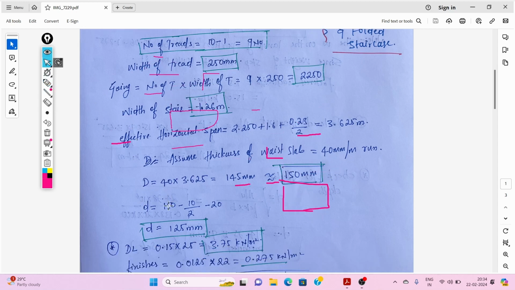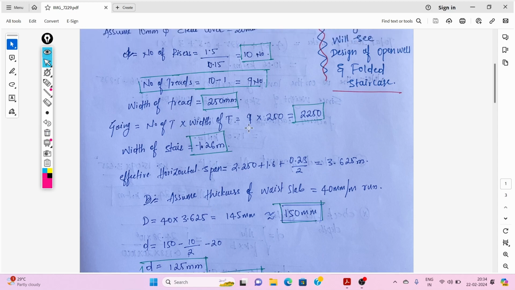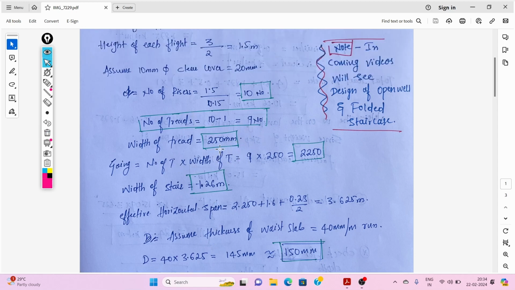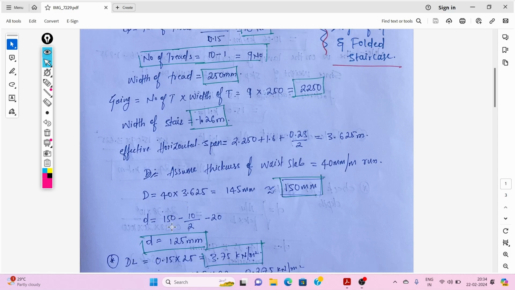Now we'll find the effective depth of the waist slab. D is equal to 150 minus the diameter of bar. We are assuming a 10 mm diameter of bar and 20 mm clear cover. So 150 minus 10 divided by 2, and minus 20.